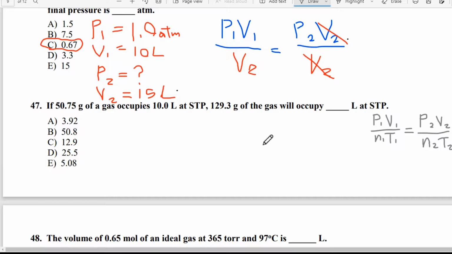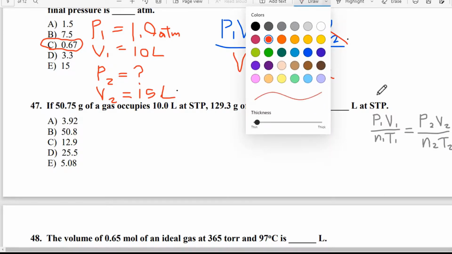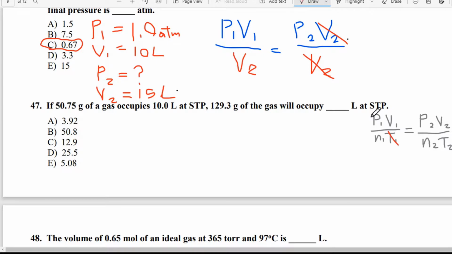So here's the deal. STP is standard temperature and pressure, right? So what's staying the same here? Temperature and pressure. So this is just volume over moles is equal to volume over moles. Now here's the thing. What is the formula for moles? Mass over molar mass.